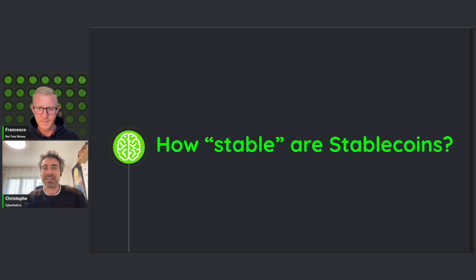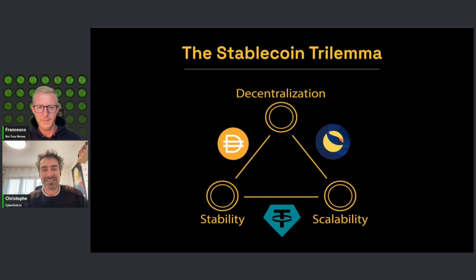People thinking about stablecoins have come to the stablecoin trilemma. This trilemma highlights the challenge of achieving three key objectives simultaneously. These objectives are decentralization, scalability, and stability. With the example here, with DAI, we can see that DAI has to make a trade-off on scalability to keep decentralization and stability.